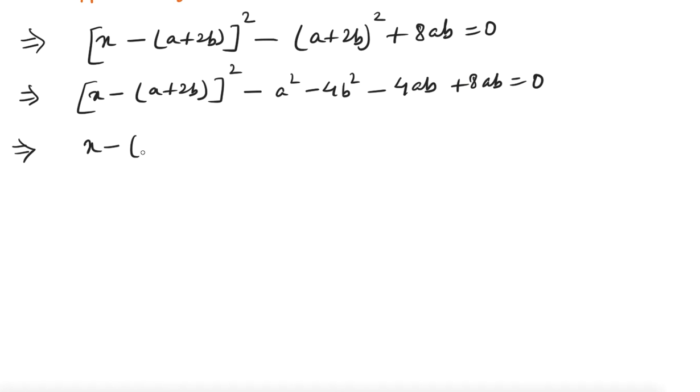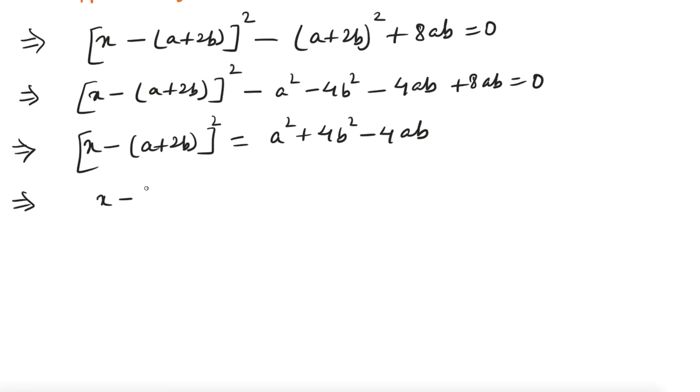Finally, I have x minus a plus 2b whole square is equal to a square plus 4b square minus 4ab.